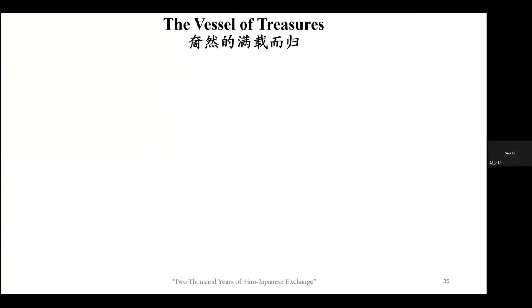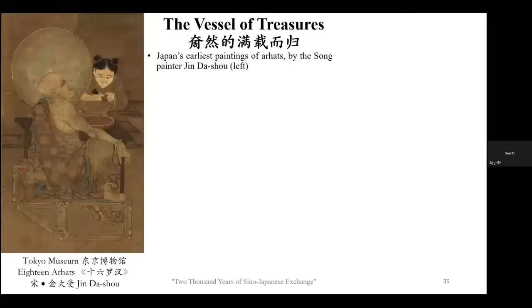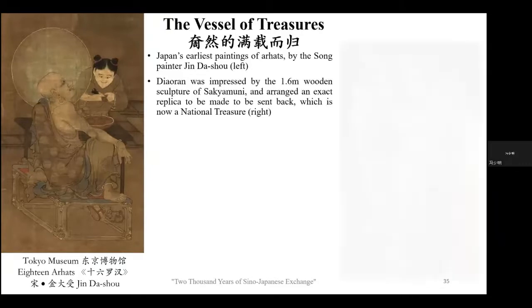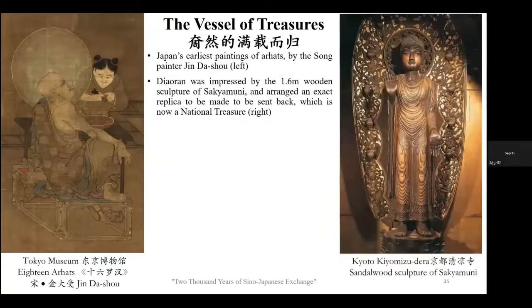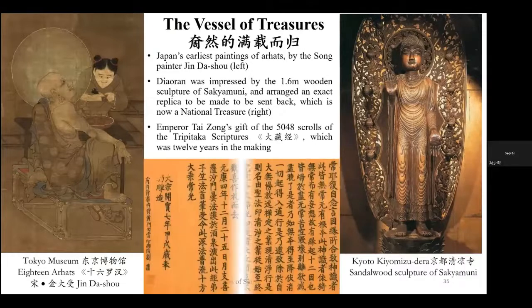Right? So Diaoran received many treasures from the Song dynasty. One of Japan's earliest paintings of the arhats, the Luohan, was presented by the Song painter Jin Dashou. Another time, Diaoran was very impressed by the 1.6-meter wooden sculpture of Buddha and arranged an exact replica to be sent back, which is now in Japan a national treasure in Kyoto.